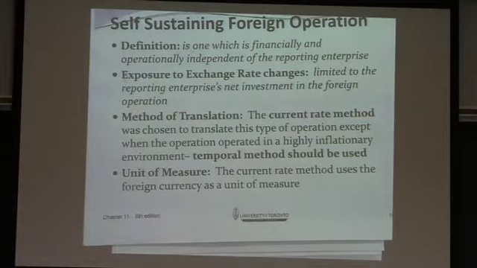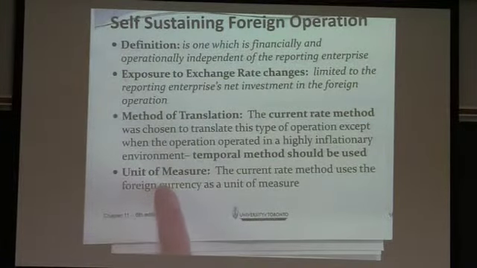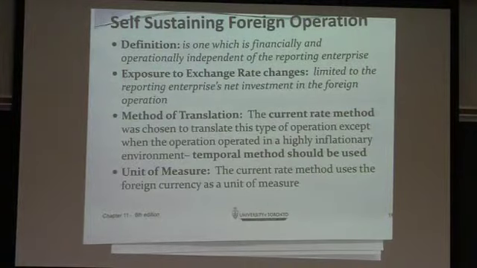Now, the unit of measure for the self-sustaining operation, or when the functional currency is the foreign currency unit, is the current rate method.